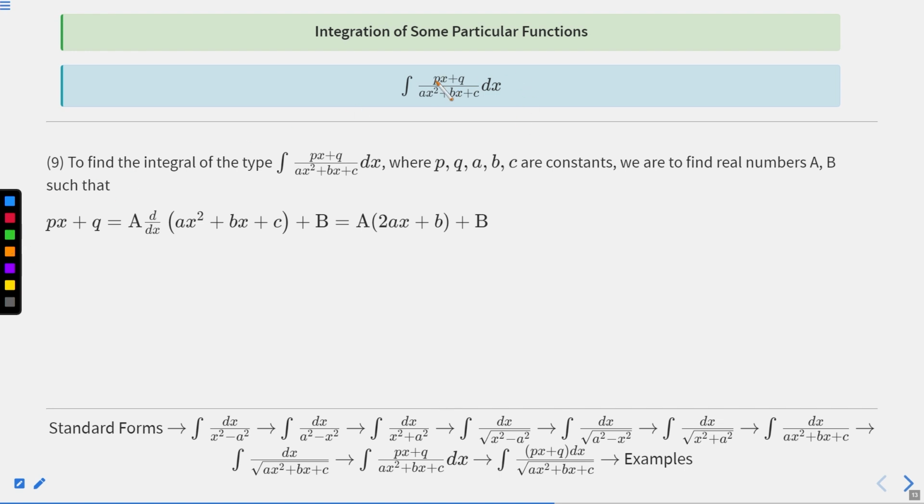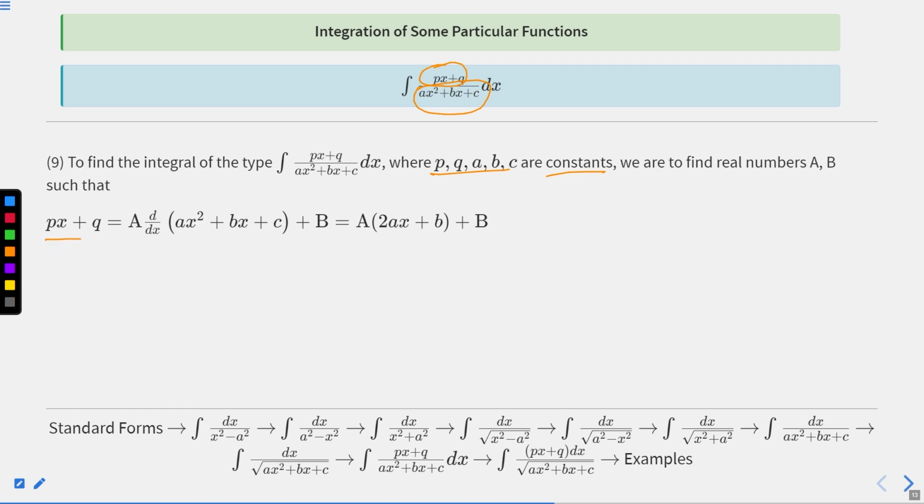Now, what about this? For this, what you have to do is simple. First of all, in the numerator you have px plus q, and in the denominator you have ax square plus bx plus c, where the coefficients p, q and the constant terms a, b, c are all real numbers. Now this form can be easily reduced.